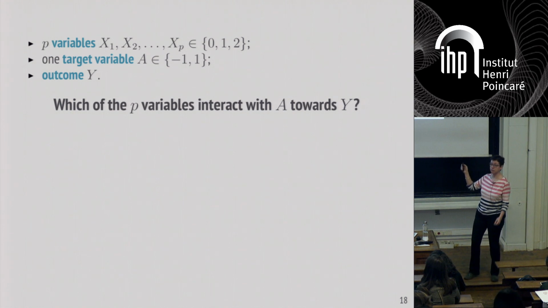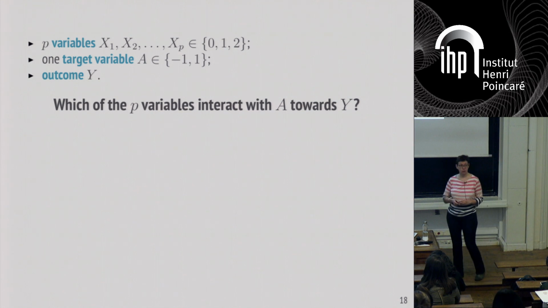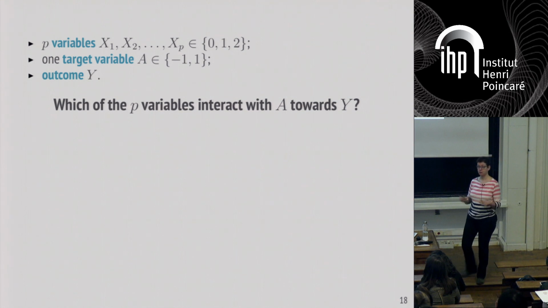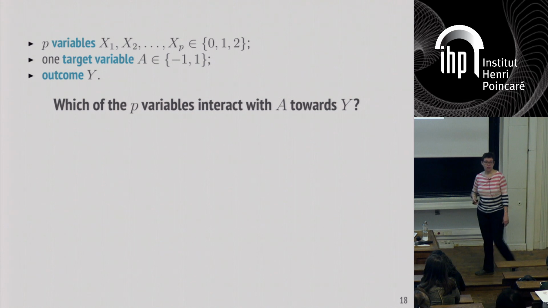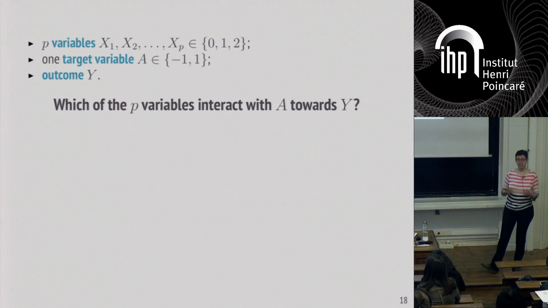This is what we call a dosage encoding. The features get the value of how many copies of the minor version of the letter you have. We have a target variable, which we've encoded in a binary way, so you have to figure out a way to go from this to this. Different encodings give you different biological models.